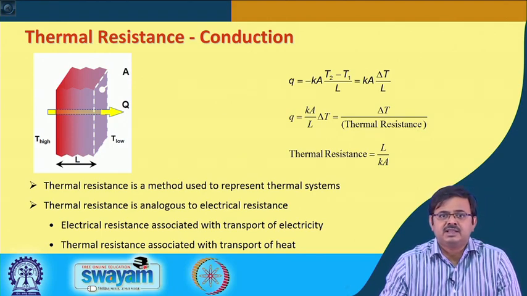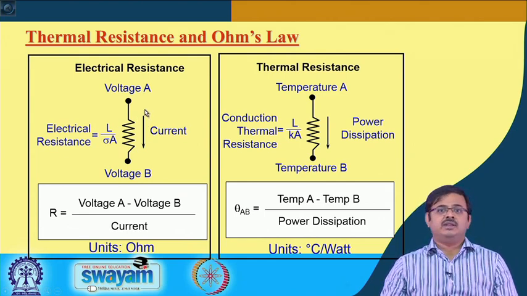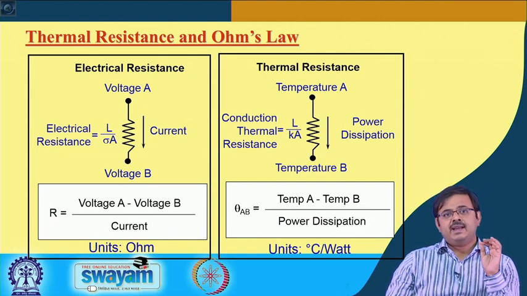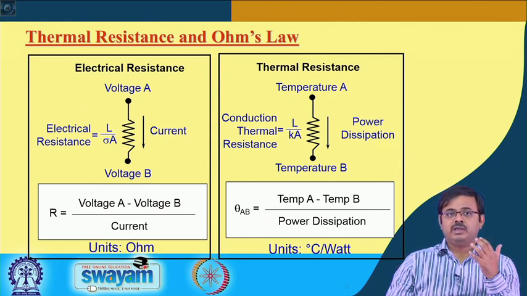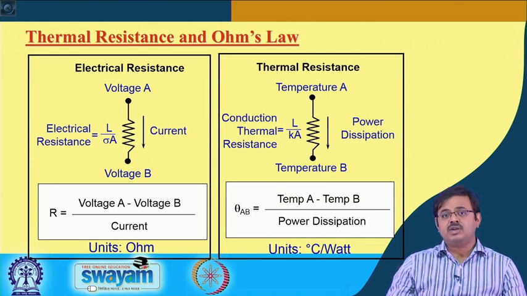In an electrical circuit, for a current to flow you need a potential difference. If it is between point A and point B, the potential of point A must be higher than the potential of point B. So, the voltage of A is greater than voltage of B, and as a result of this voltage difference, I have a flow of electric current.